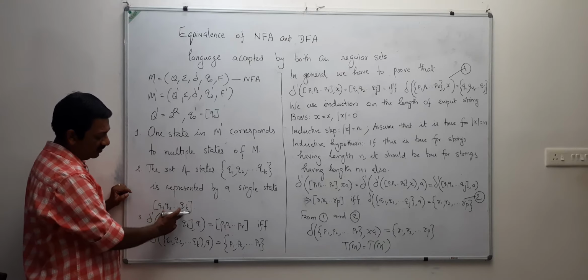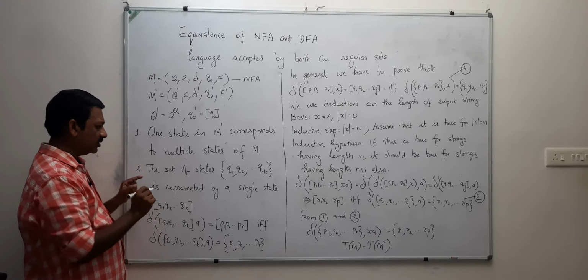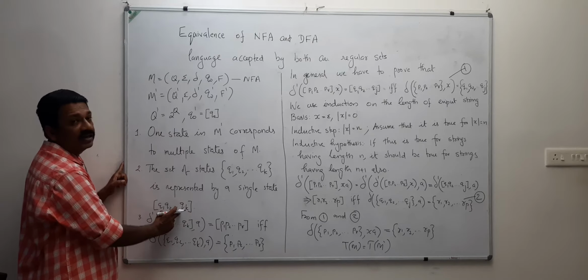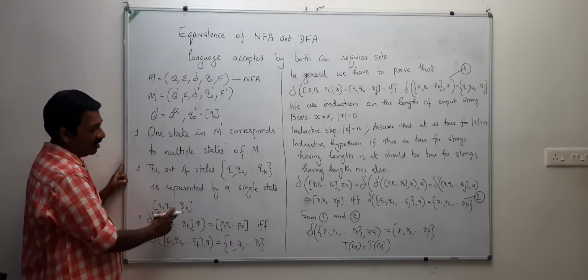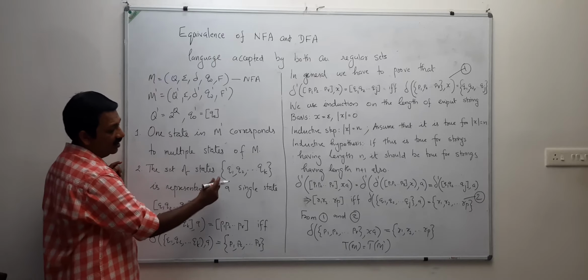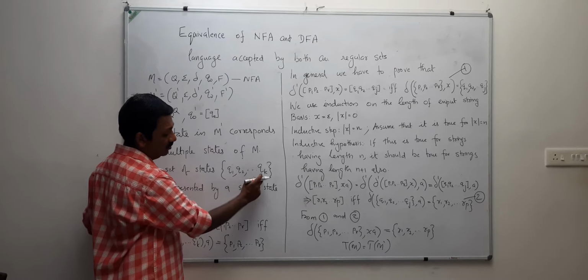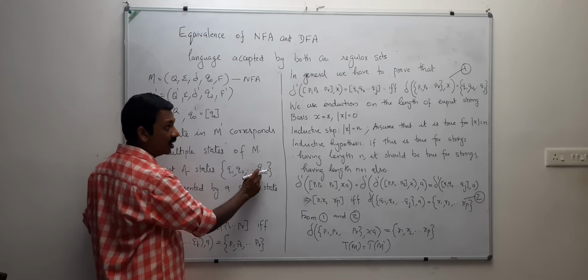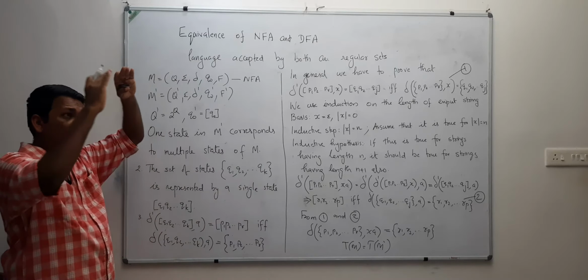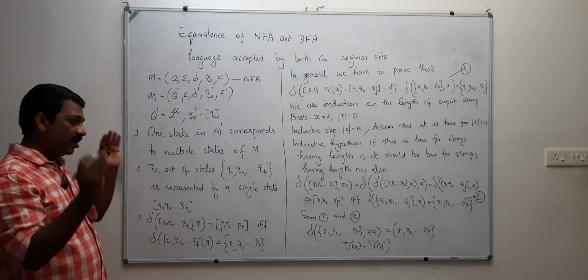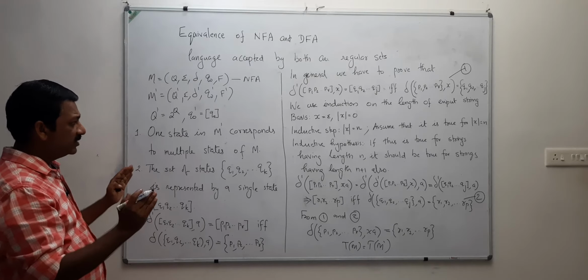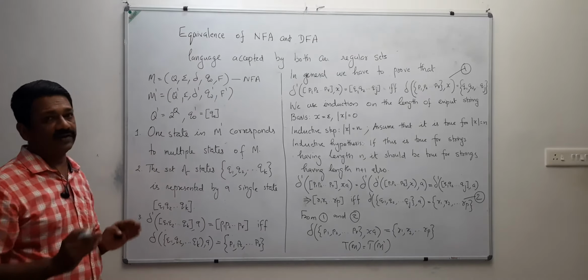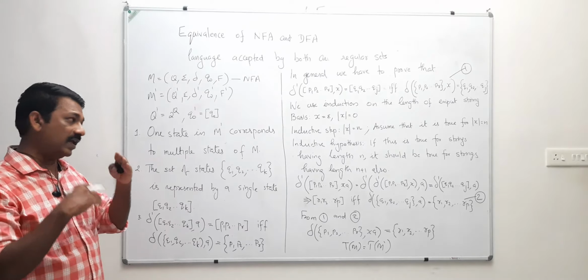If a state is represented like this, that represents a DFA state, and the states of the NFA are Q1, Q2, etc. up to Qk. These are all different states, and multiple states of the NFA are equivalent to a single state of the DFA.